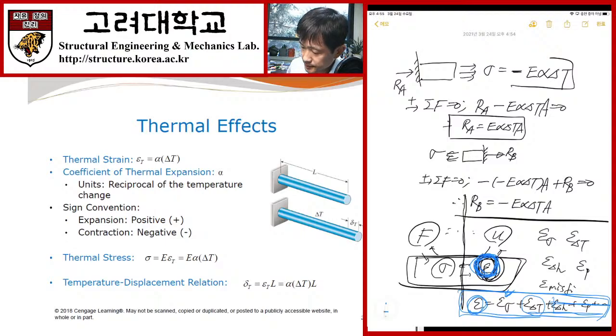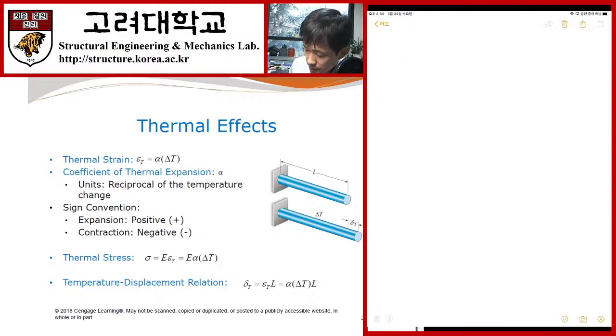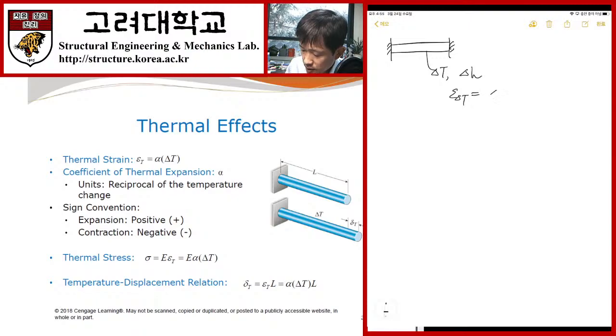But for example, let's consider another application. Let's say you have member, okay? And then let's say we have a temperature change and also the humidity change. And then the thermal strain is given by thermal expansion coefficient alpha, and then the temperature change delta T. And then also the humidity strain.